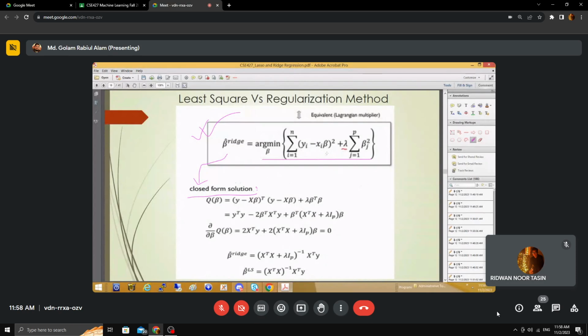And for finding the closed form solution, what we need to do is, usually we call it Q of beta. Here is the beta, and this is a closed form function, where we can see yi, xi and beta, and a square term is there.